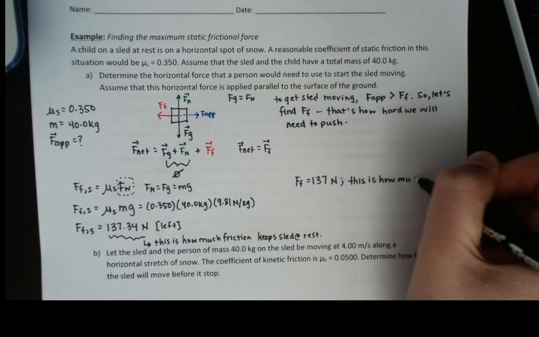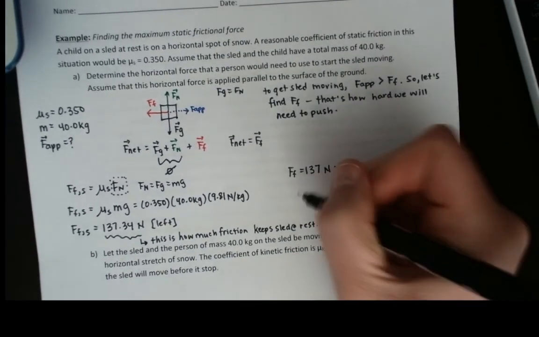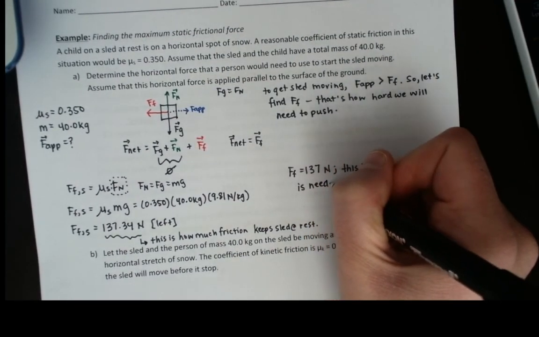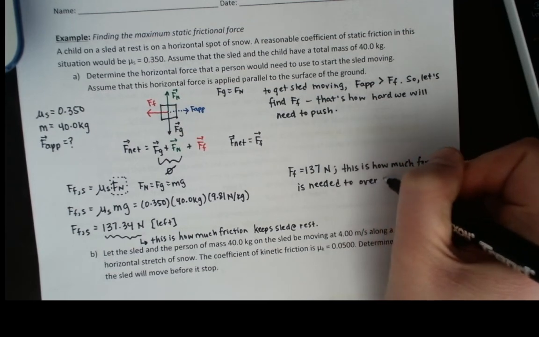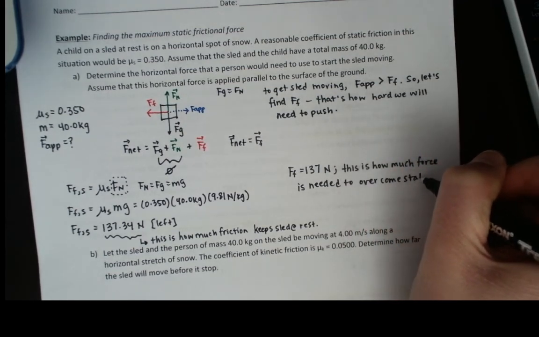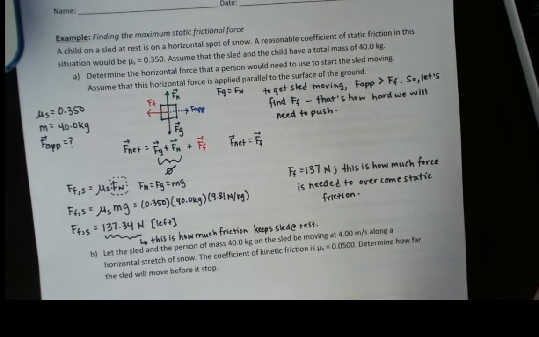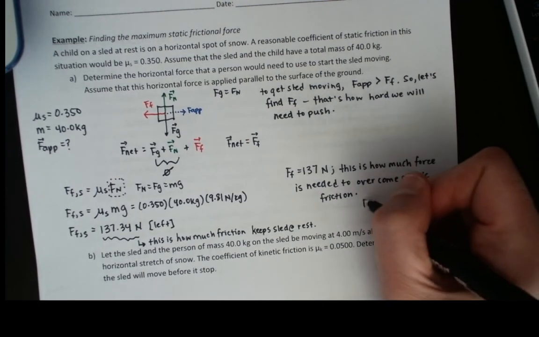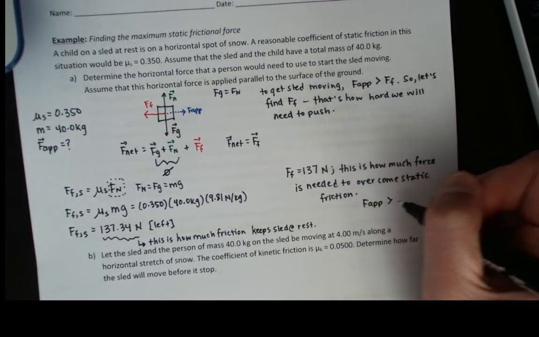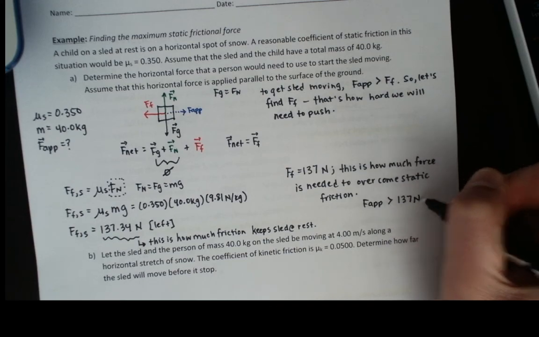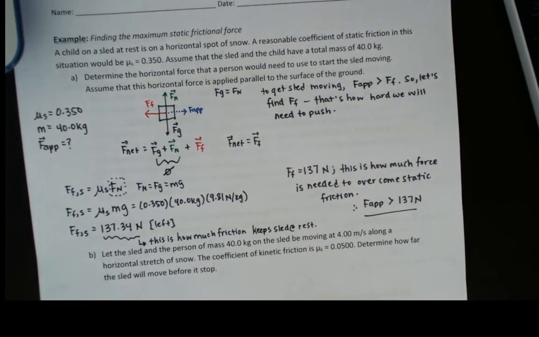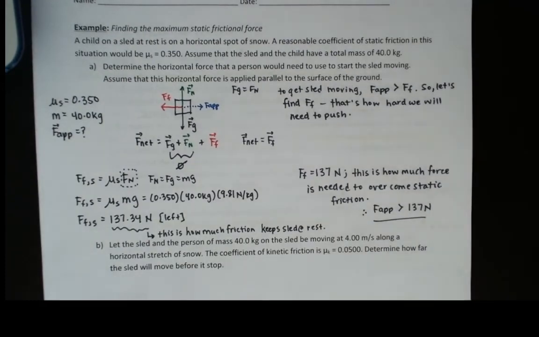This is how much force is needed to overcome static friction. Okay? So you would need to apply a force greater than 137 newtons. Okay? That's how much you need to apply to get that sled to move. Okay, 137 newtons is holding it there. So to get it to move, you need to push with more than that. Okay?